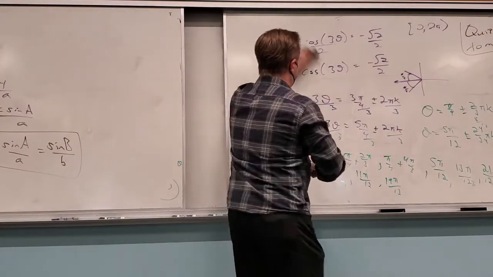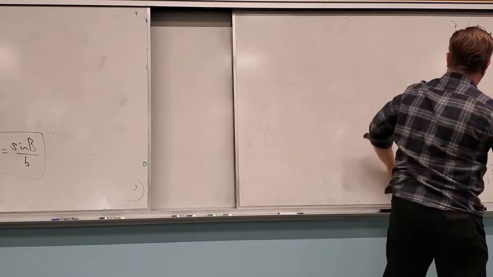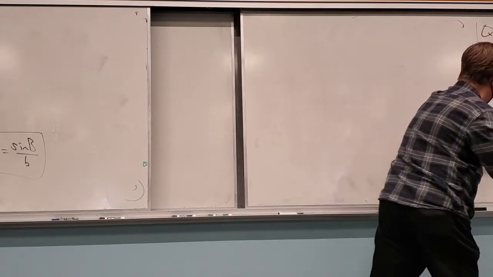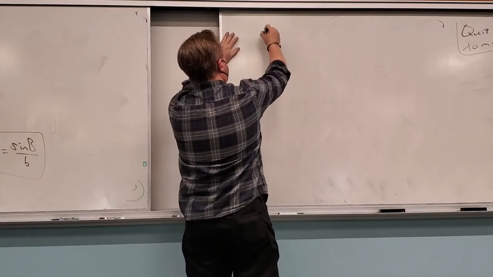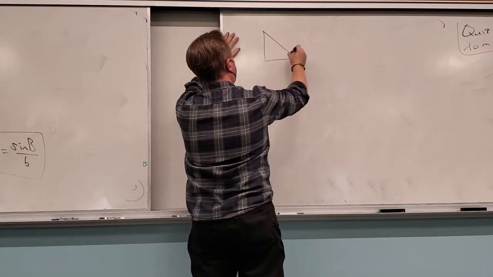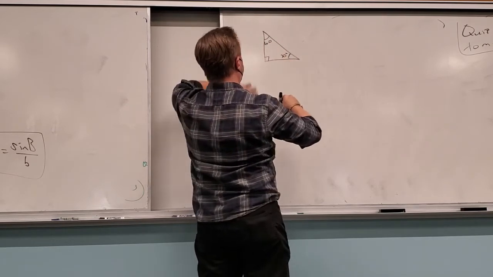Let's take a triangle that we know and show you that this works. Let me see if I can do this semi-quickly. Okay, so a 30, 60, 90 triangle, right?